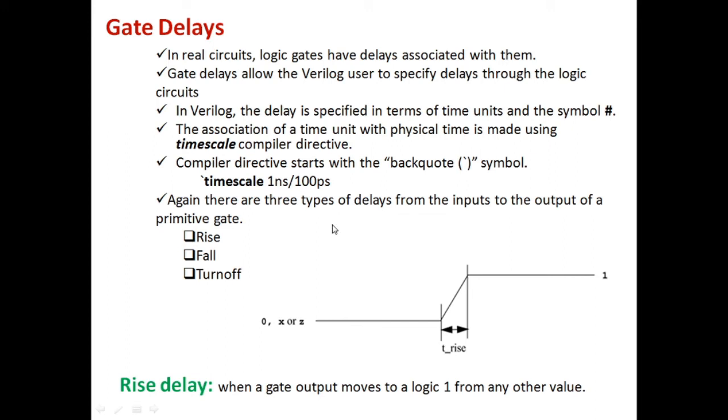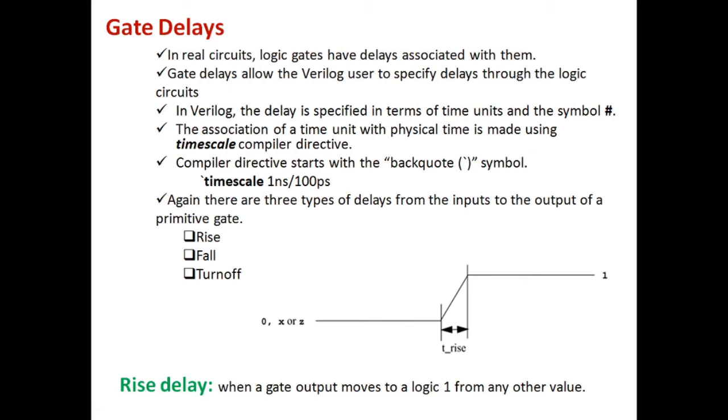Again, there are 3 types of delays for a signal to propagate from the input to the output of any primitive logical gate: a rise delay, a fall delay, and a turn off delay. For the rise delay, I don't know what the current output of my logical gate is.